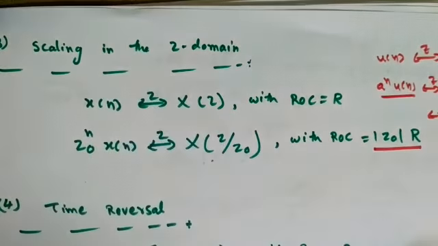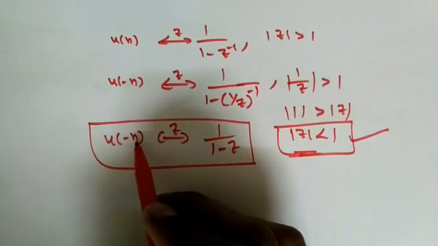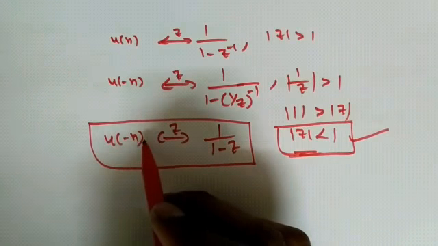So 1 by z inverse means we'll get 1 minus z. This is the z transform of u of minus n, right? And the ROC will be mod z is less than 1. Now we know that whenever there is a u of minus n or minus 1, the ROC will always be less than 1.